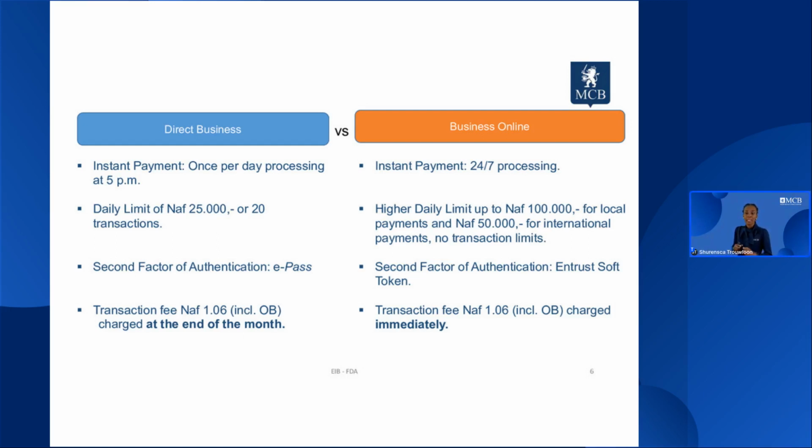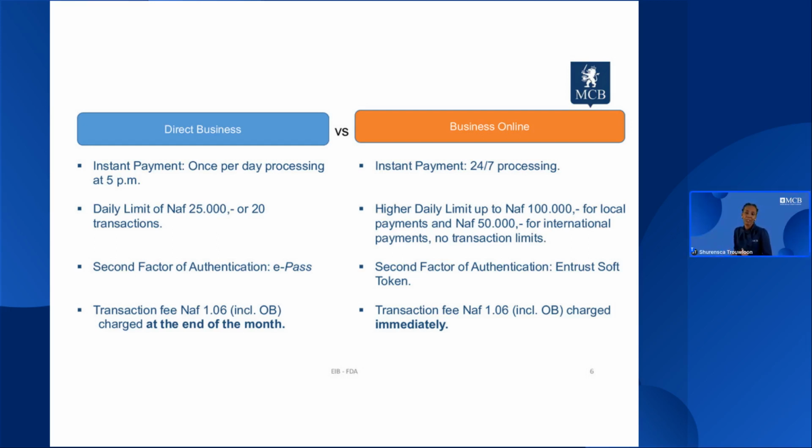Okay. The current ePass that you are currently using to log in as second factor authentication will be replaced with the Entrasoft token. So instead of walking around with the ePass, now you will have your Entrasoft token with you on your mobile device, or you can install it on your computer.